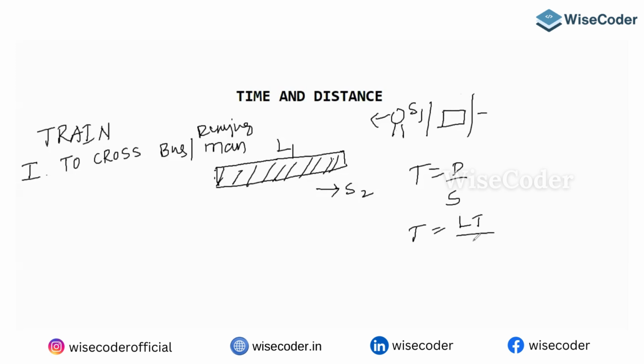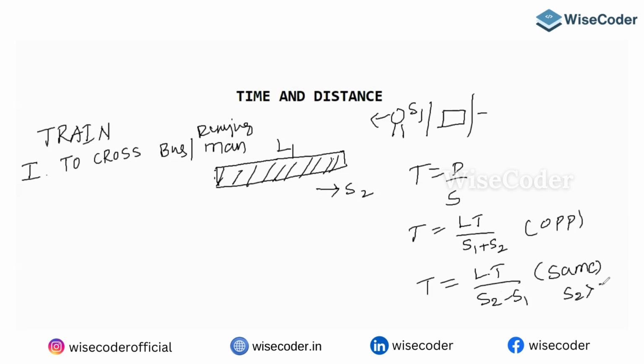When they are moving in the opposite direction, relative speed comes into the picture. That gives you S1 plus S2. If they are moving in the same direction, the time is the length of the train divided by S2 minus S1, because the train speed is more.